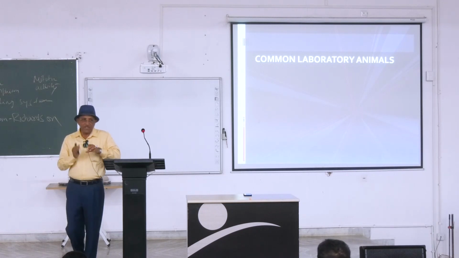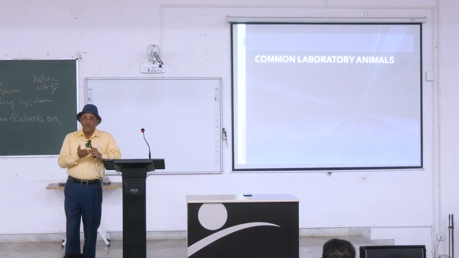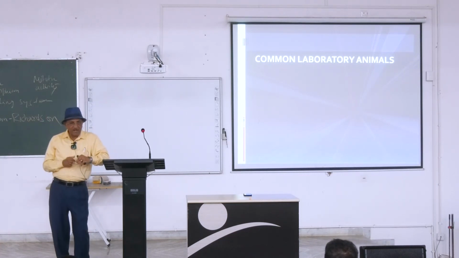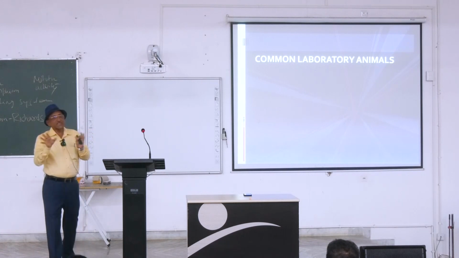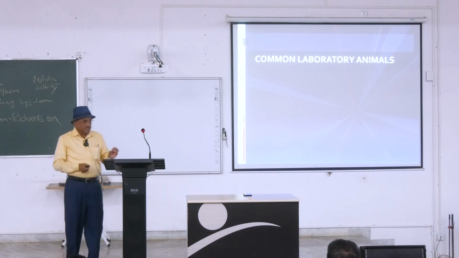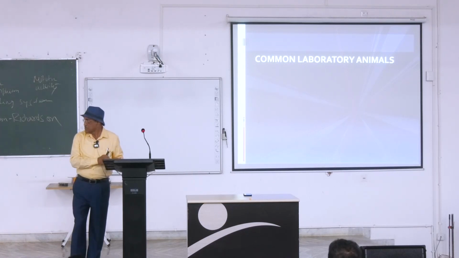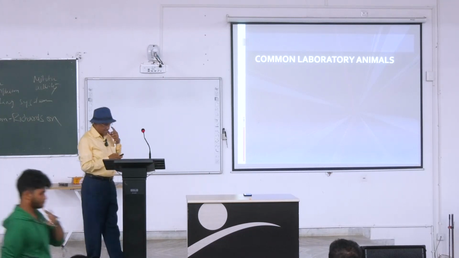So we have to test it on animals where the result will be much closer to that of human beings. Third is dose calculation. Suppose 1 milligram of drug has been administered to one animal. There are some methods by which we can extrapolate the dose to human beings. So these are the advantages.